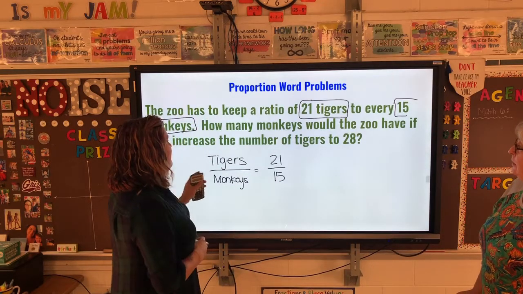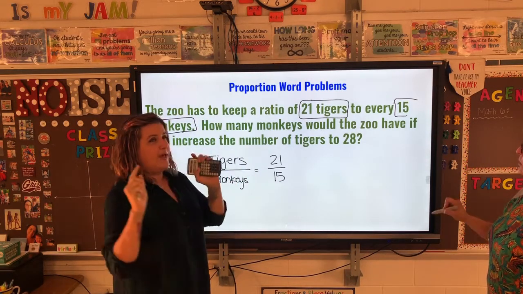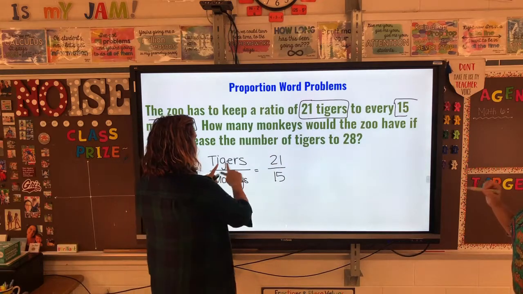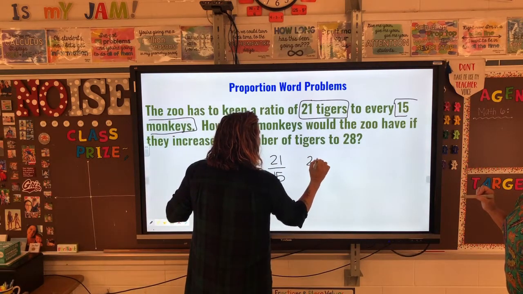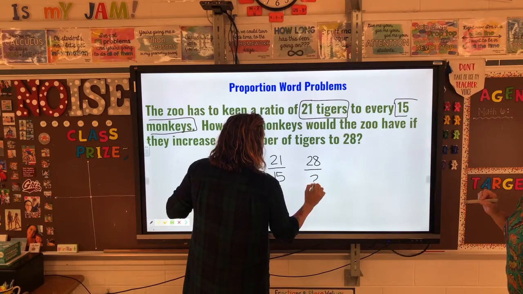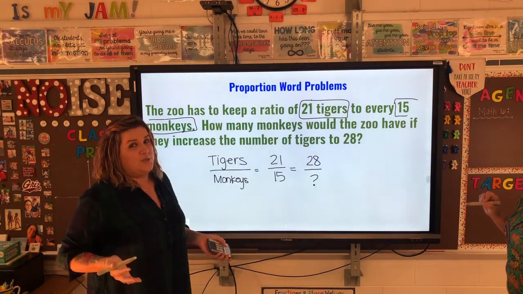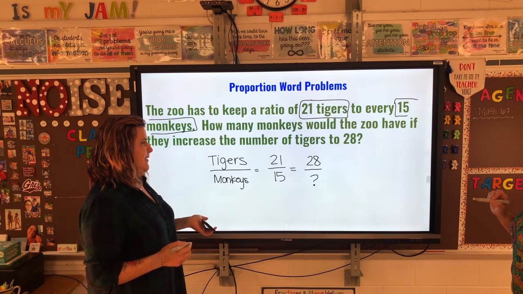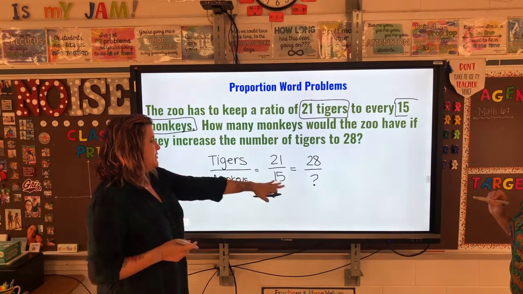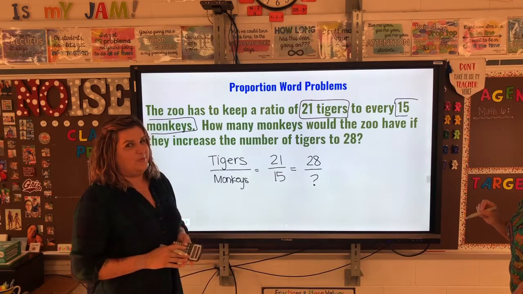All right, the 21 tigers to 15 monkeys. And then it says, if we go to 28 tigers, categories have to be across from each other. So if I increase to 28 tigers, how many monkeys? Well, I don't know what times 21 would give me 28. And I can't really do the butterfly because I don't have this missing piece, and I don't really want to make a double number line.